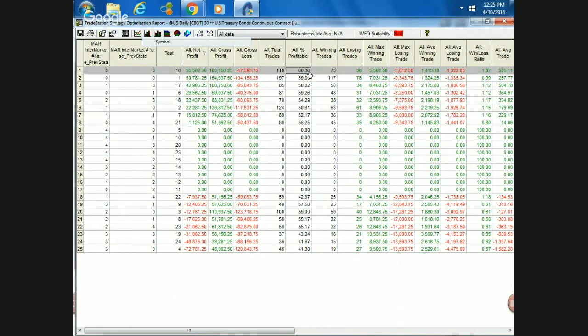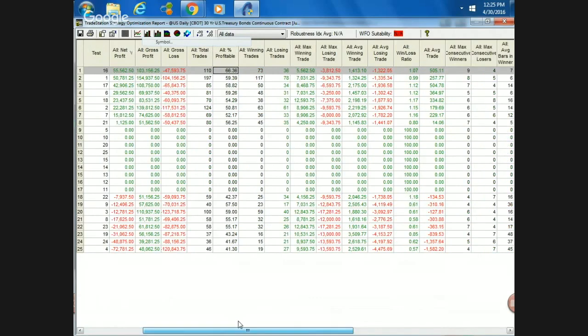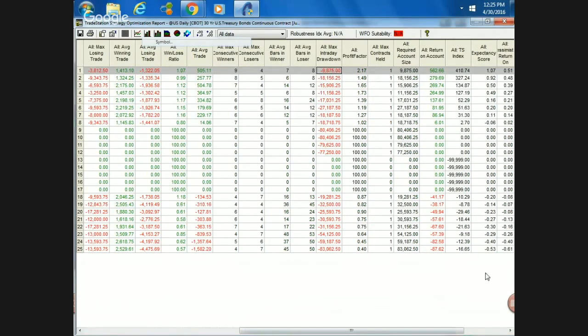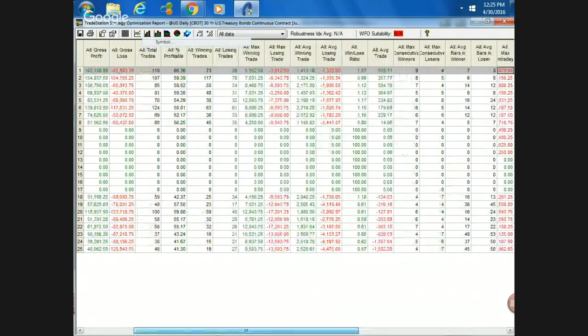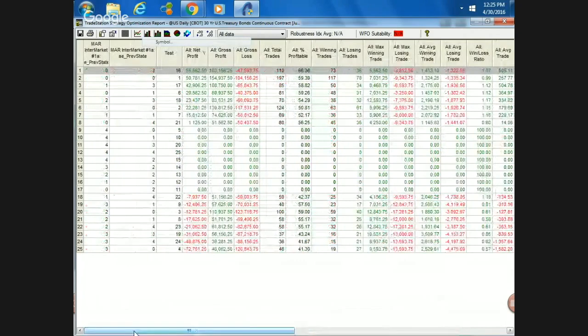Our winning percentage goes to 66%, and our drawdown drops to 9,800. So it looks like you eliminated a lot of losing trades. Exactly, that's great. So that's previous state 3. What state is that? What does that mean? All right, let's go back to our code.